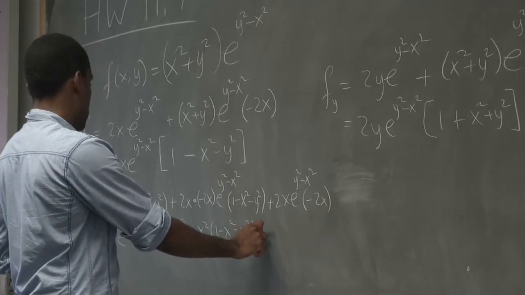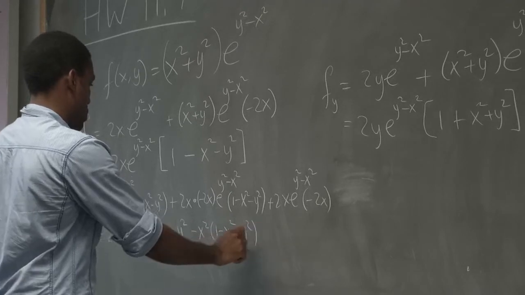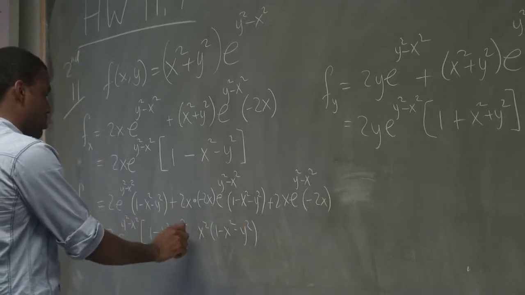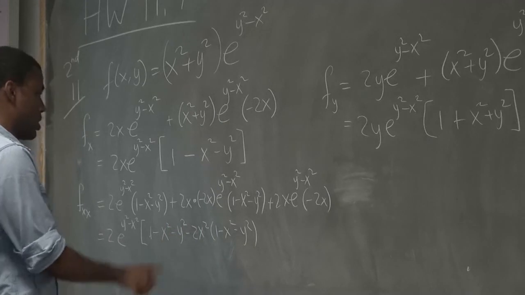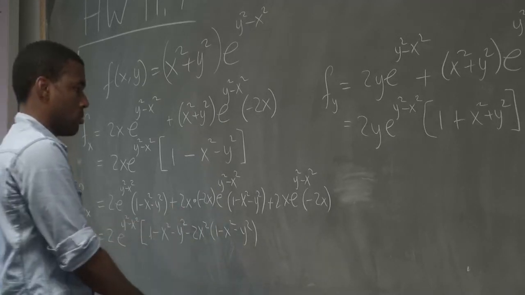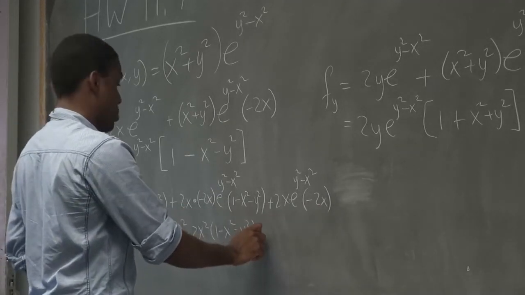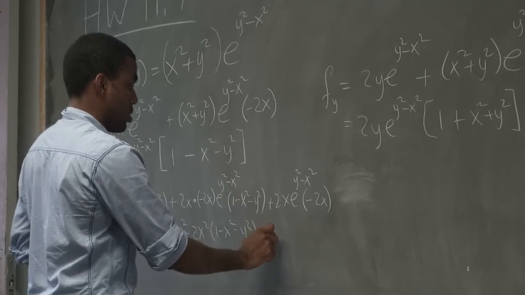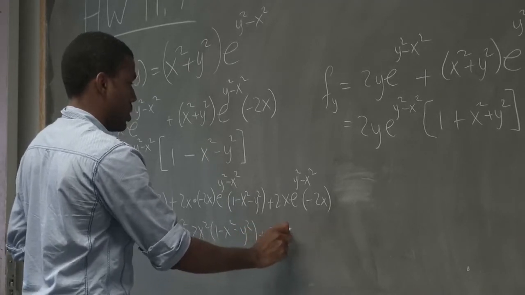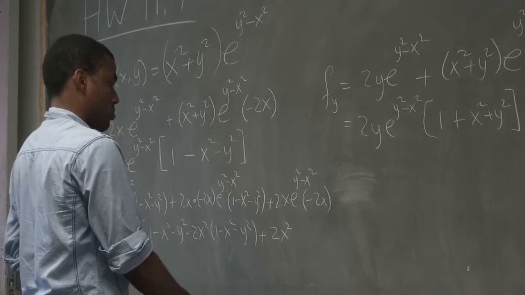And I took out one of the 2's, and here I take out one of the 2's as well. So this is plus 2x squared y squared.